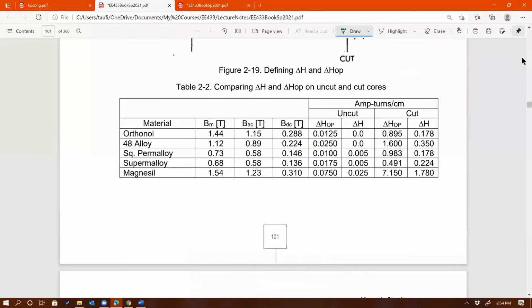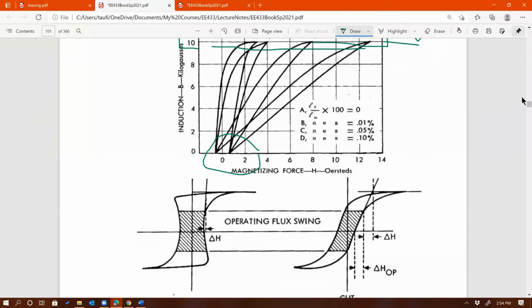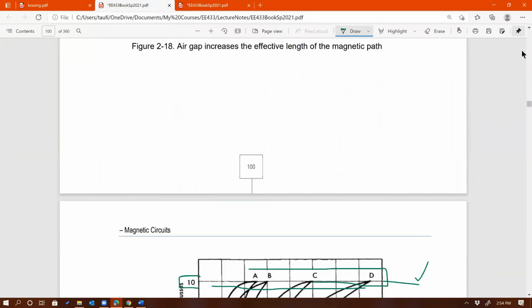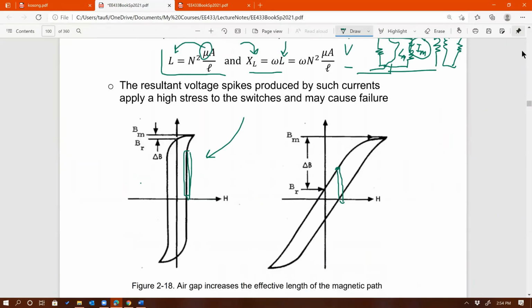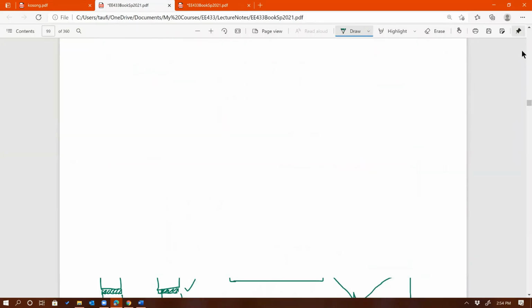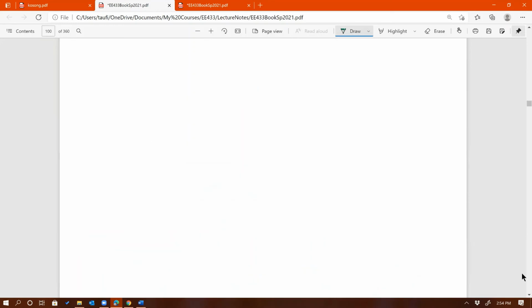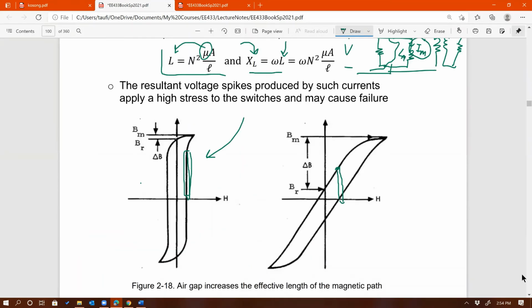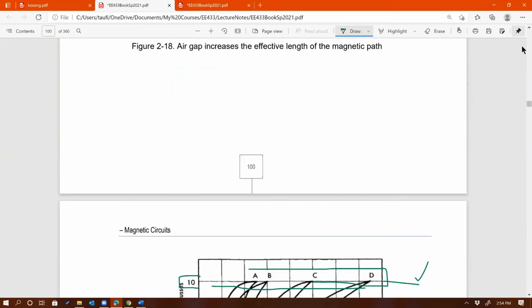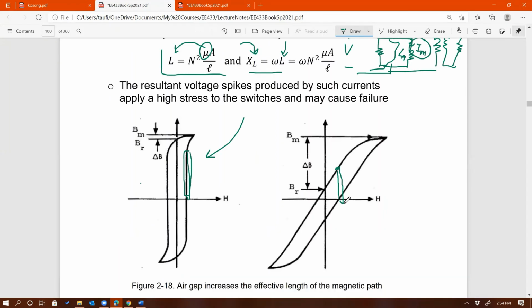The name escapes me right now. Can anybody remember the name? Phenomenon? I don't remember the name. I'm sorry. Which one were you trying to remember? These two points right there. These points.